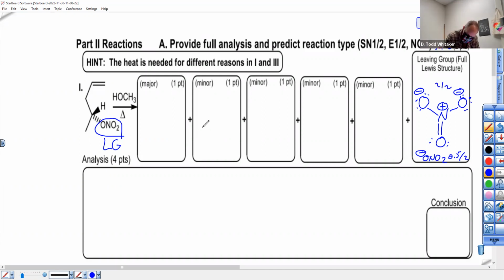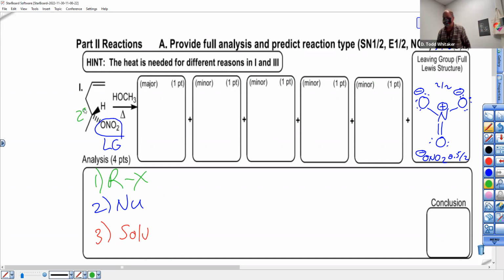Okay, so we got to do our analysis. Don't be predicting products before your analysis. RX in green, nucleophile in blue, solvent in red, and RX is secondary, just secondary, right? Not allylic, but if I'm going with an SN1, then I'm going to make a secondary cation because you just said so.